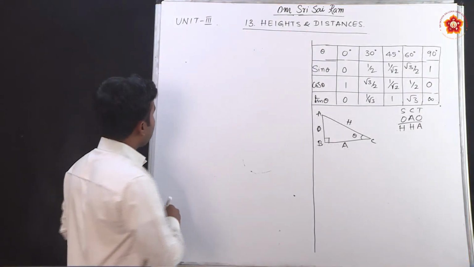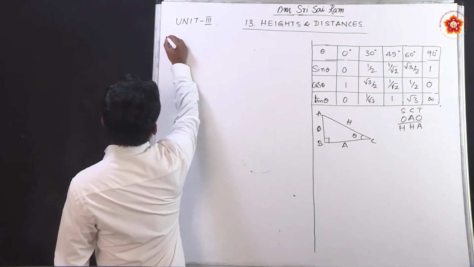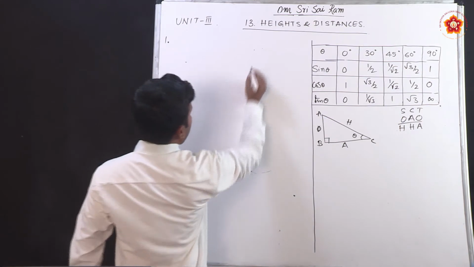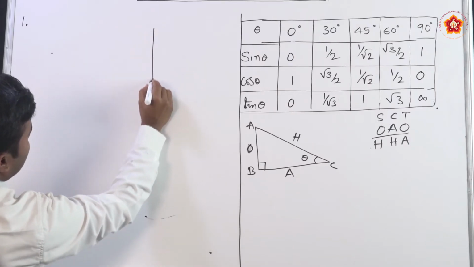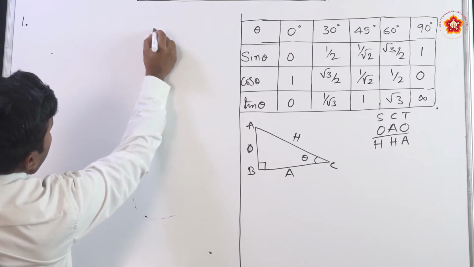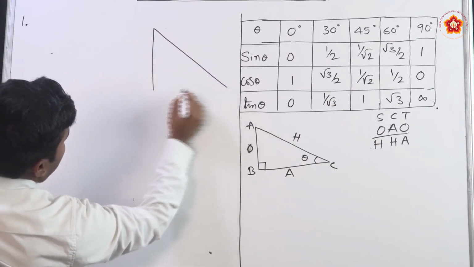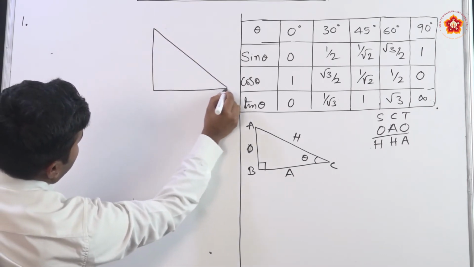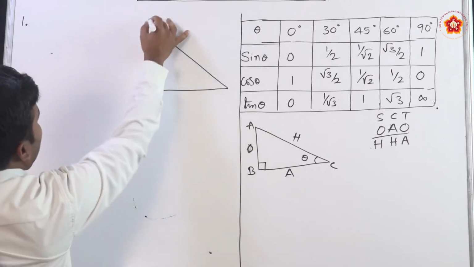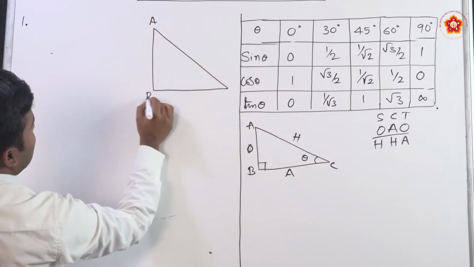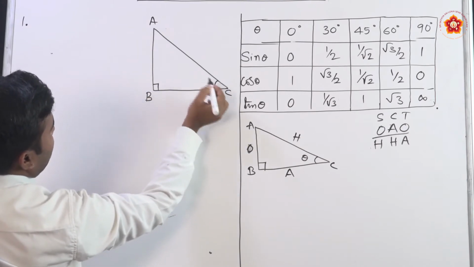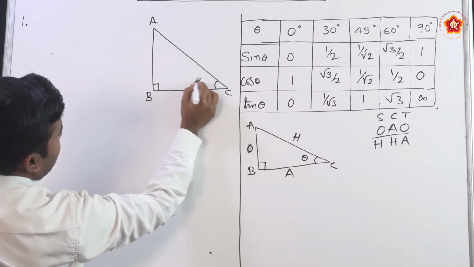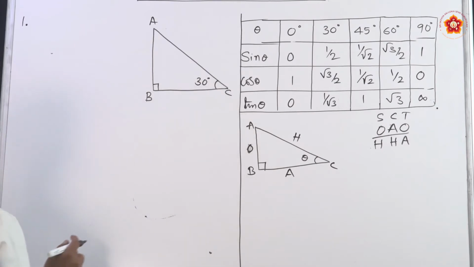This can be solved as, first we need to draw the triangle for this particular problem. This is a right angled triangle. Here A, B, C, this is 90 degree, and this is the angle. The angle of elevation they have given is 30 degree, and this is a tower.